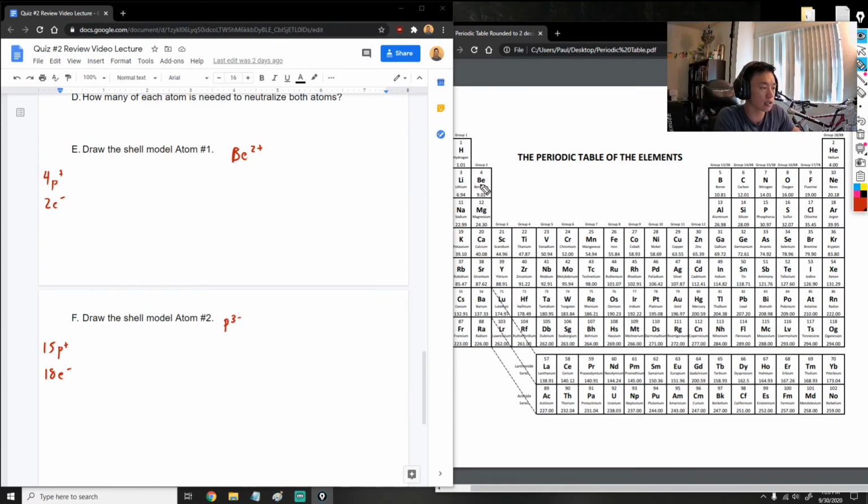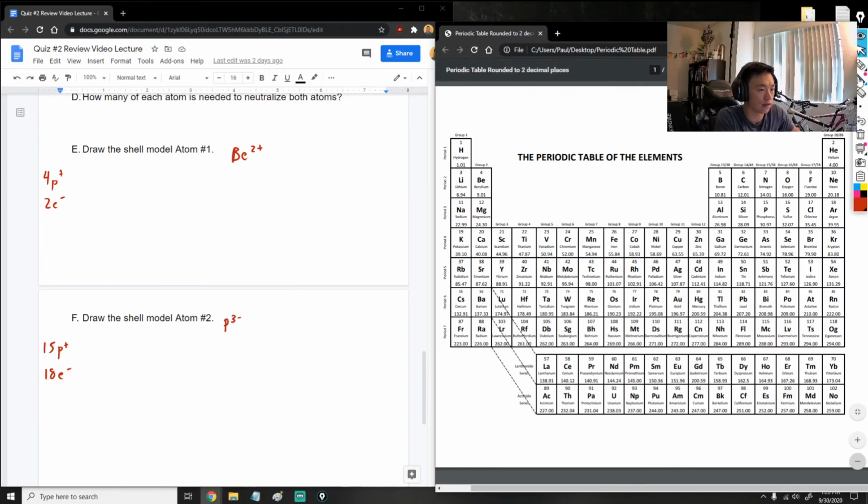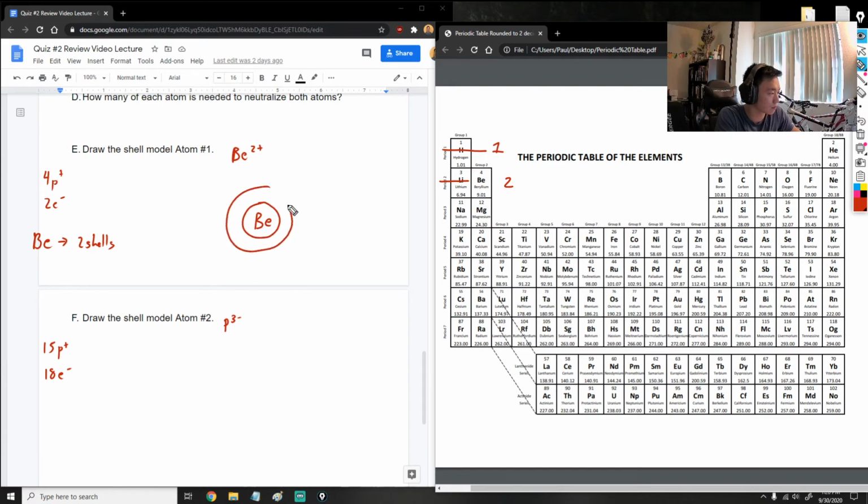For Be, we need to figure out how many shells it's going to have. In order to look at the shells, we need to look at the rows. So this is row number 1. This is row number 2. Be is on the second row, so Be has 2 shells. So we can draw Be and draw 2 shells, and we're going to fill them in from the inside out.